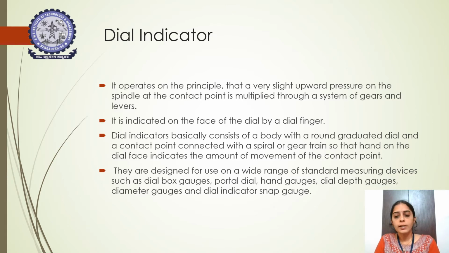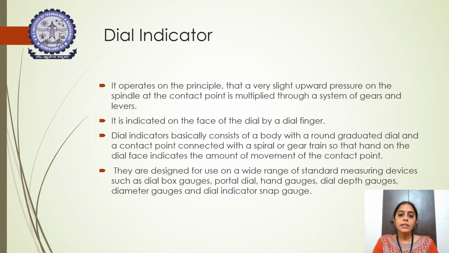Then I was telling, under mechanical comparator we have different types. In that, the first one is our dial indicator. Now you should understand how a dial indicator works. It operates on the principle that a very slight upward pressure on the spindle at the contact point is multiplied through a system of gears and levers, the same way we described with respect to the gears and levers.